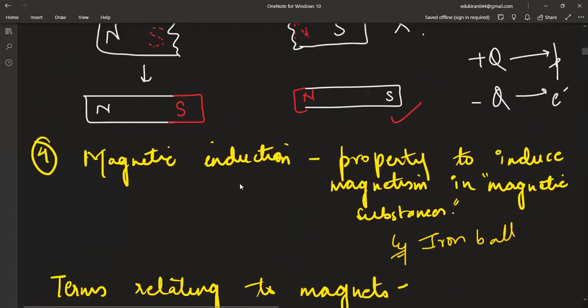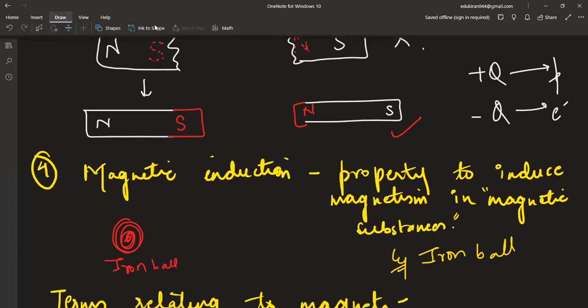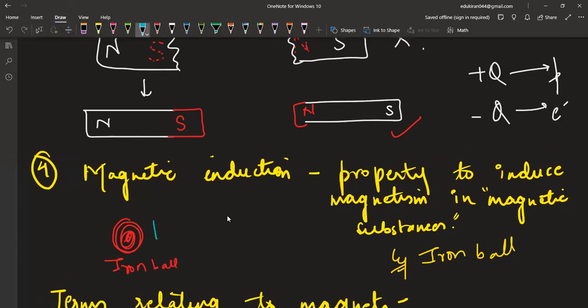Fourth point, last point, magnetic induction. See, if you take objects like an iron ball, I have taken an iron ball, and on one hand I have taken a bar magnet and I have rubbed this.